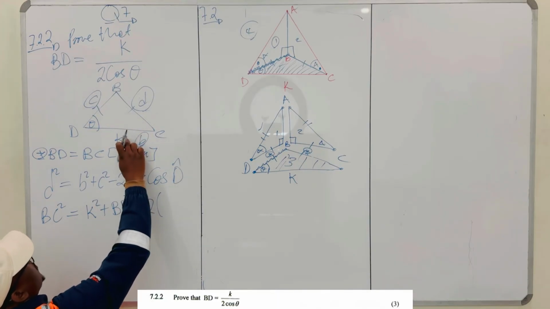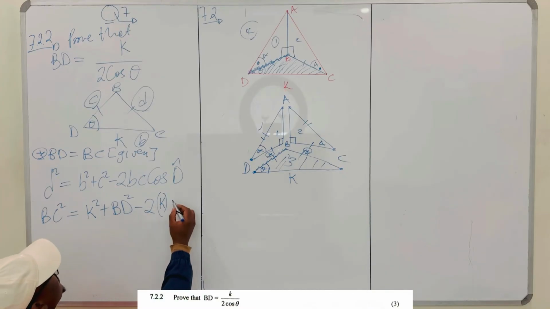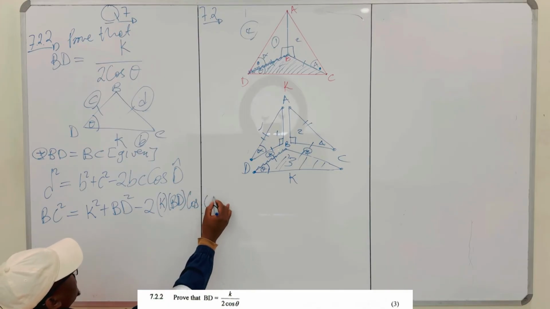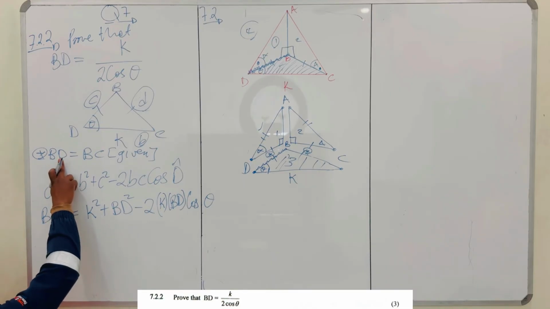Your b is equal to k. What is your bd? Again, your bd is what you're trying to find. Cosine of theta, that's what you have. So, because you're trying to find bd, this and this are equal because the square of bc and bd are equal.